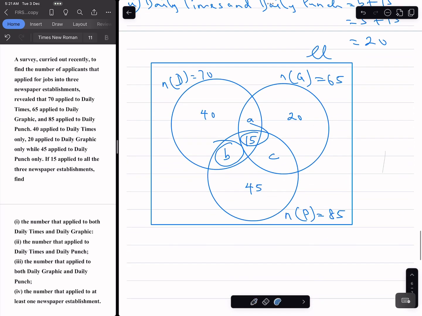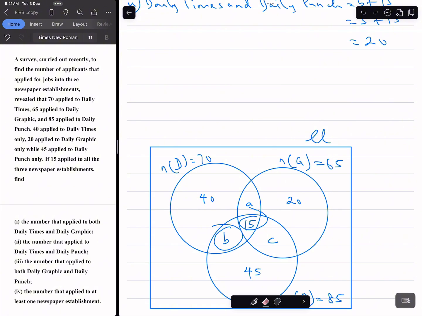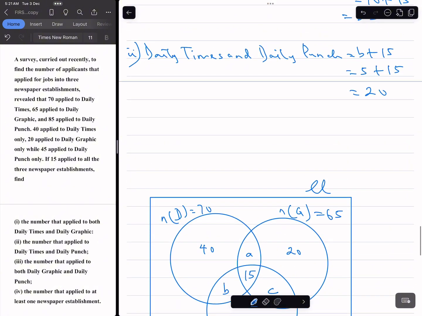Now let's go to the third one, Roman figure 3. The number that applied to Daily Graphic and Daily Punch.